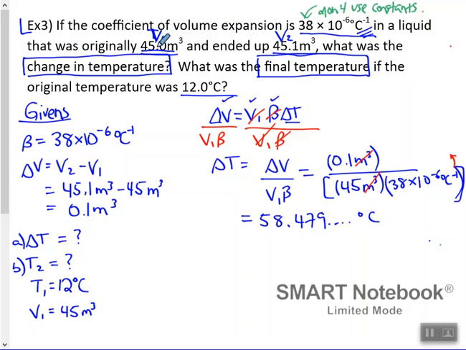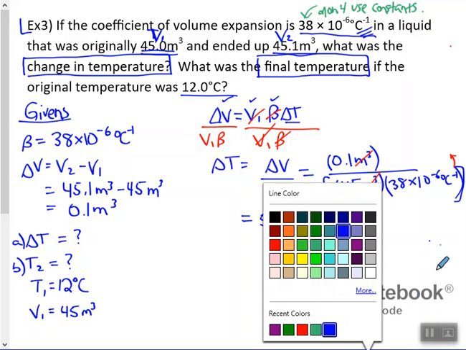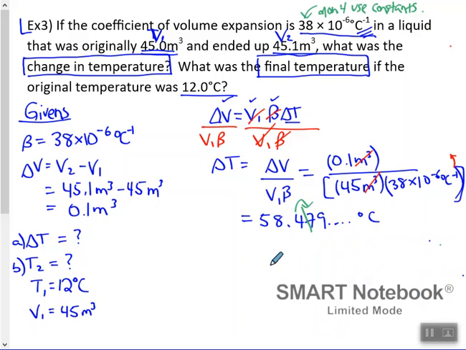We're just going to ignore those. So multiplying, 3 sig figs, 3 sig figs, 3 sig figs, we're going to round to 3. So 58.47, that 4 is going to round up to a 5. So 58.5 degrees Celsius is my change in temperature. So that's my first answer.